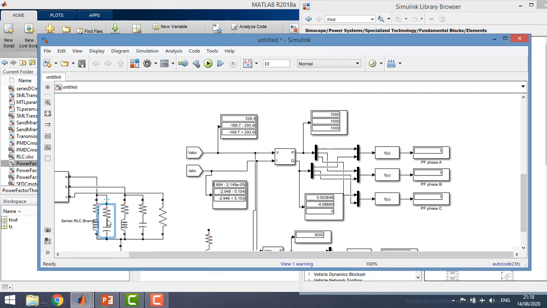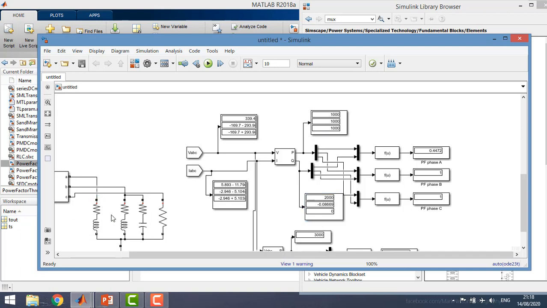Let me omit this one for now. Replace this one with the RLC load. Brilliant, and you can see that gives us the same result.